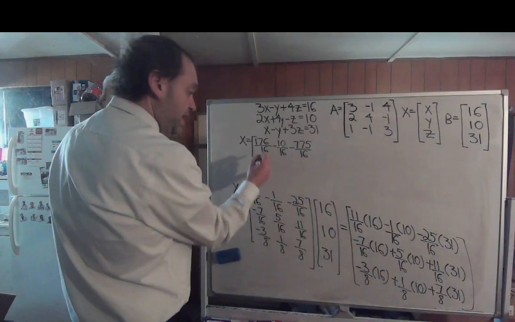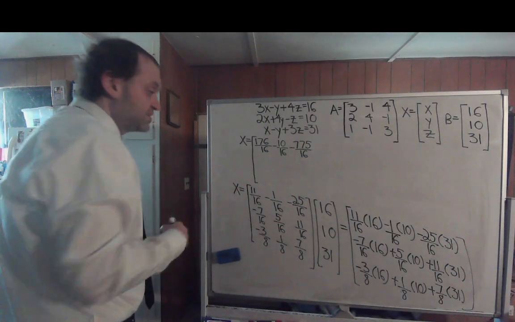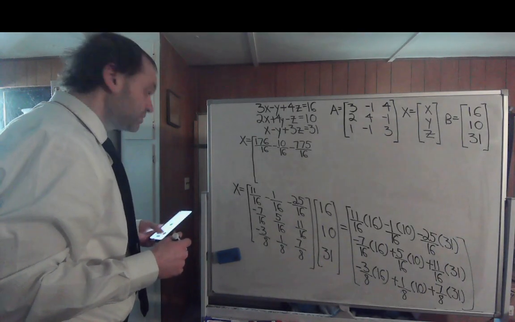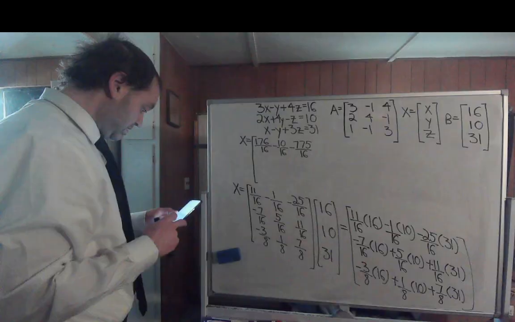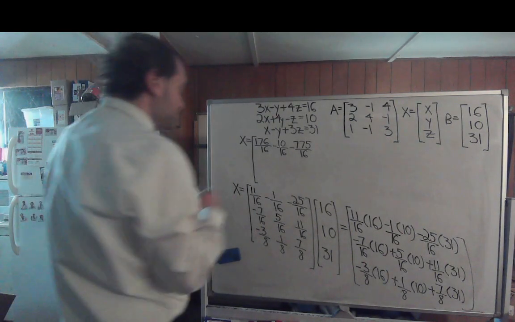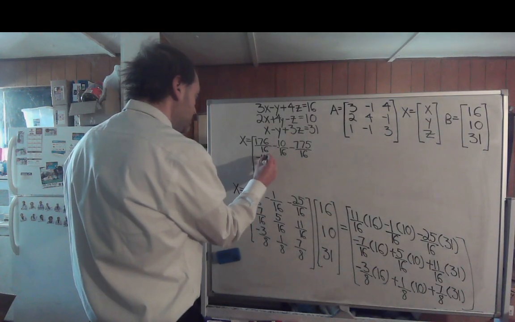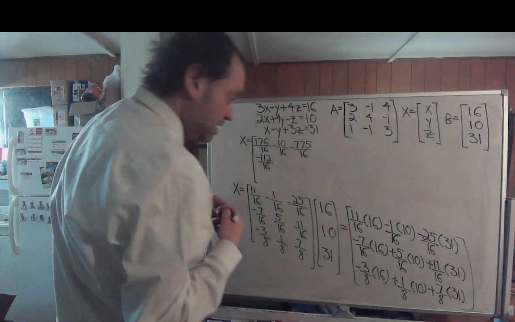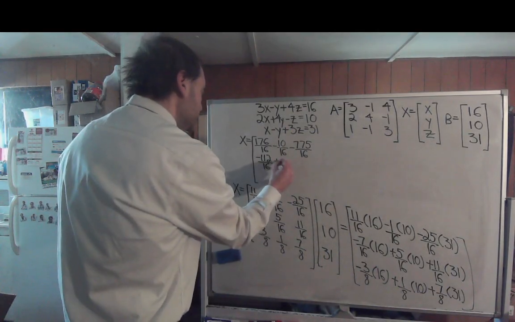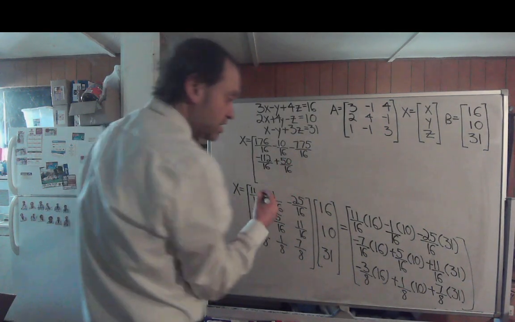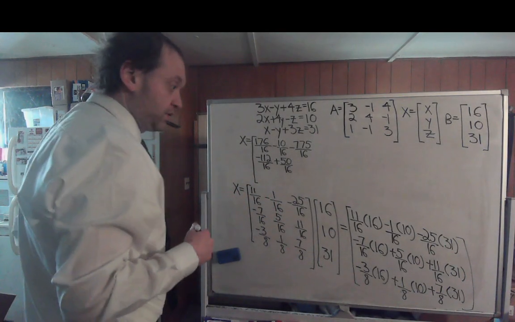So we'll have, let's see, negative 7 times 16. Negative 112 over 16. Plus 50 over 16. Then we got to figure out 31 times 11.